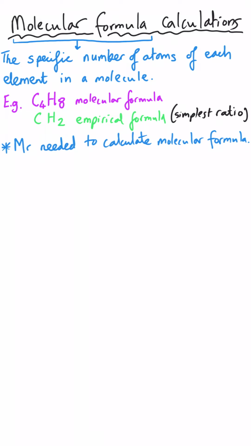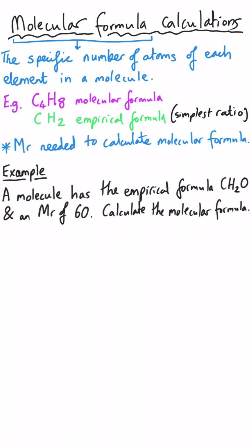So, for instance, if we've been asked to calculate the empirical formula of a compound containing carbon, hydrogen and oxygen, and we work out the empirical formula in the exact same way as on the previous page is CH2O, if we've been told that the relative formula mass of this molecule is actually 60, we can work out what the molecular formula is going to be.